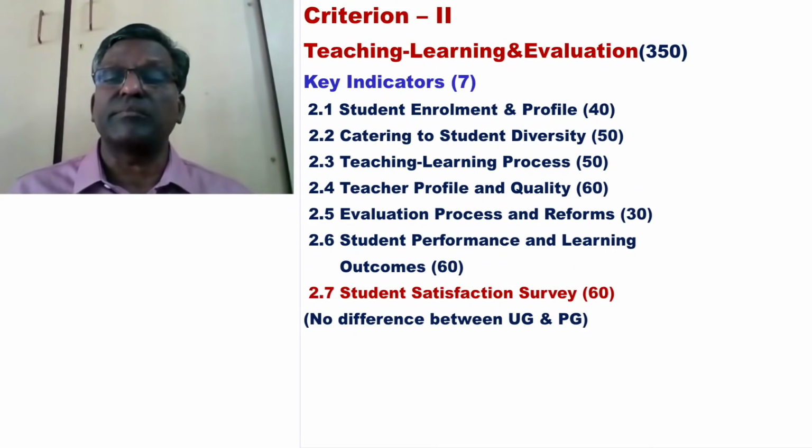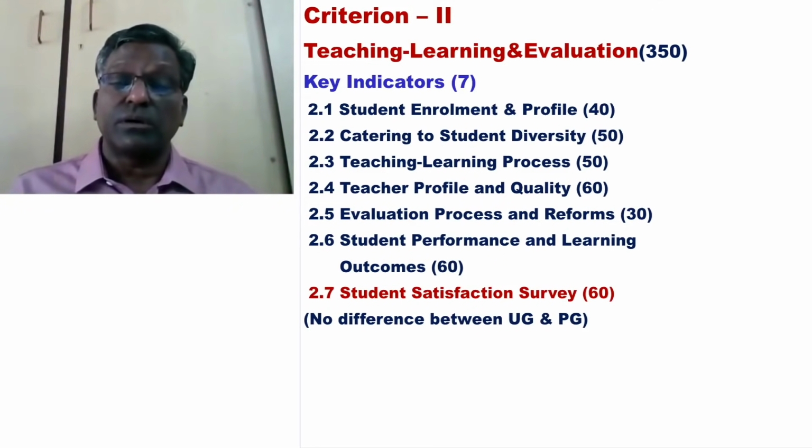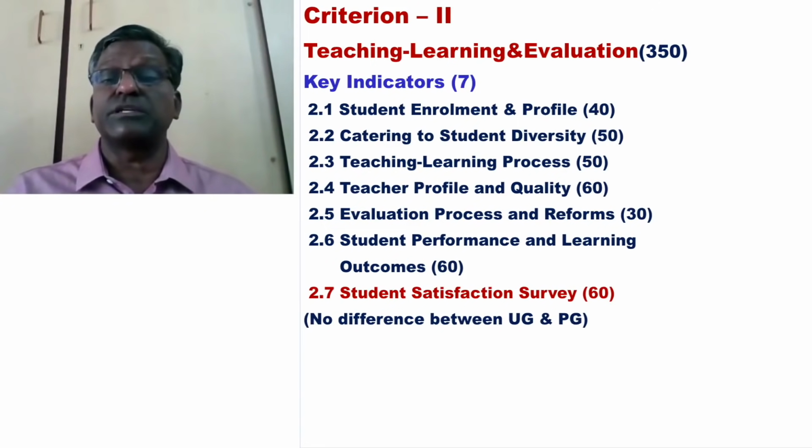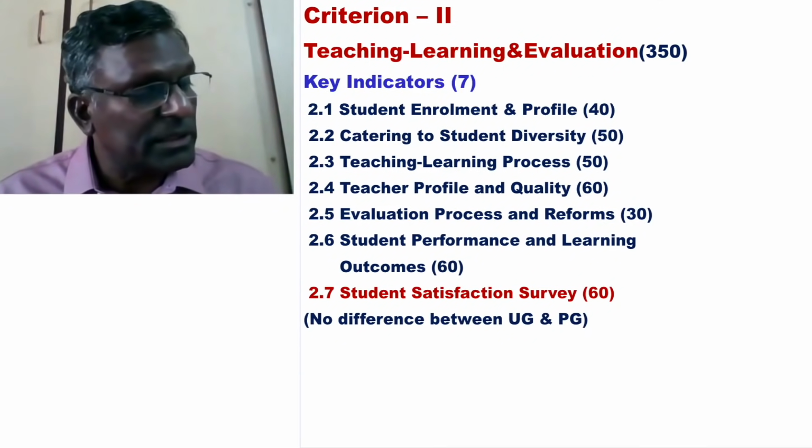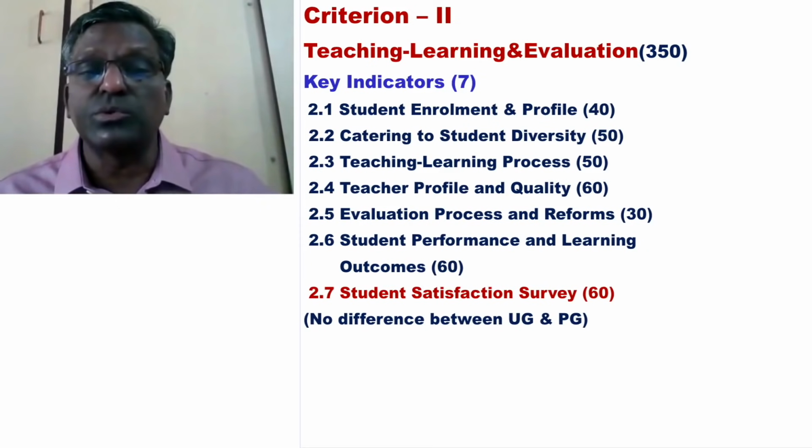It carries the maximum weightage, 350. So therefore, affiliated colleges and constituent colleges should focus on this particular criterion because this carries the maximum weight. If they score well with reference to this particular criterion, then they can ensure that they will do well.